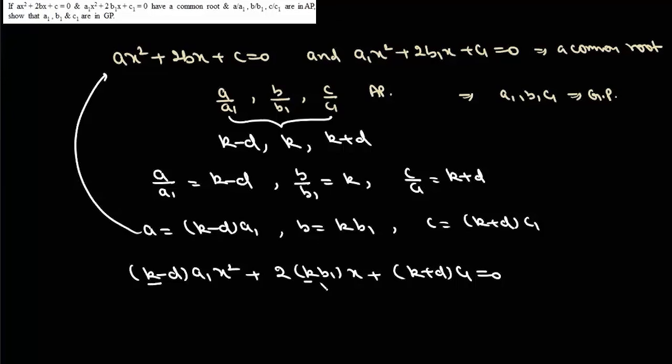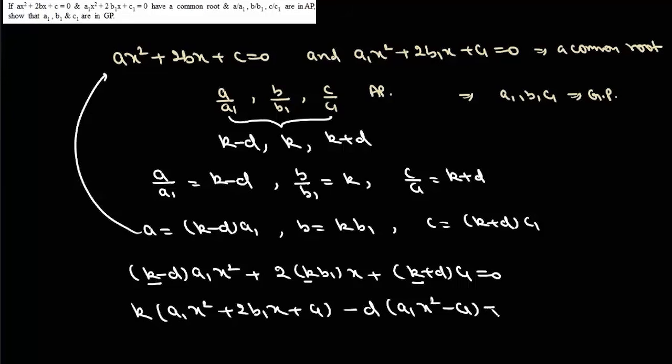Now we'll take terms of k together, so we can write k into a1 x square plus 2b1x plus c1, and then we'll take terms of d together, so it'll be minus d into a1 x square minus c1 equals 0.